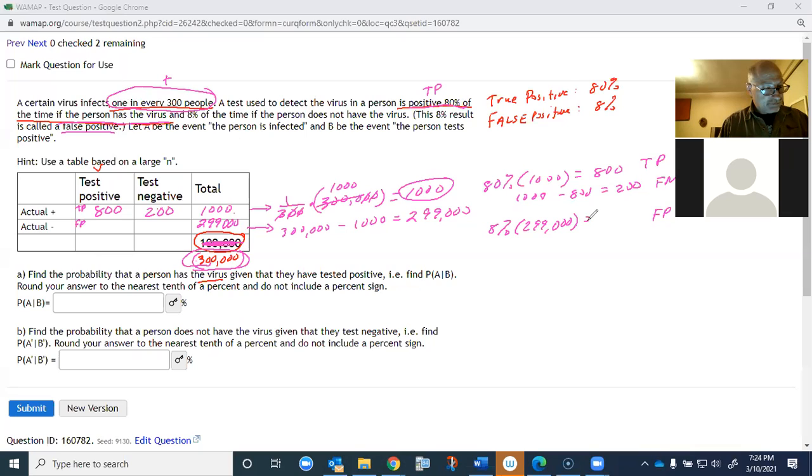I want to do it quickly. That's 23,920. Let me give myself a little more room. Again, this is the false positive, 23,920.